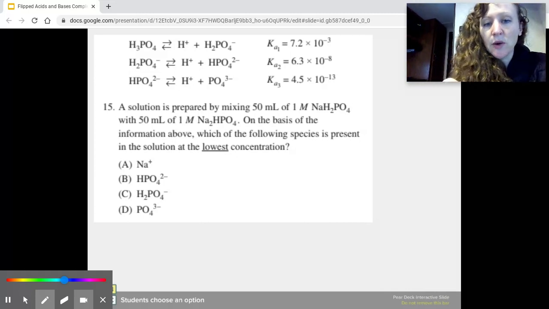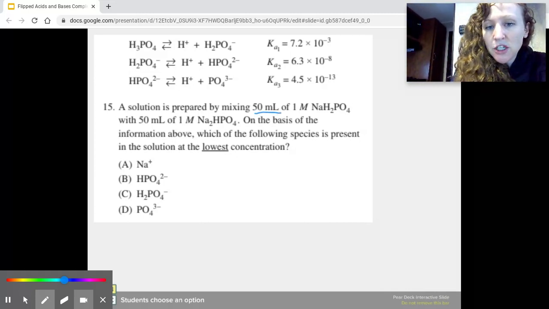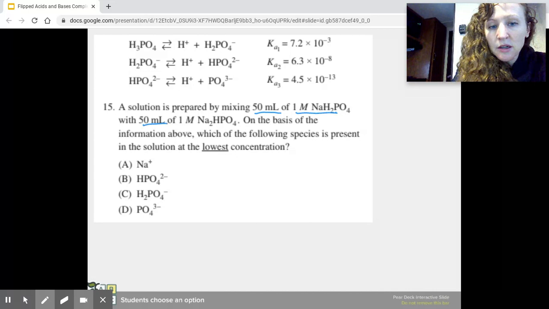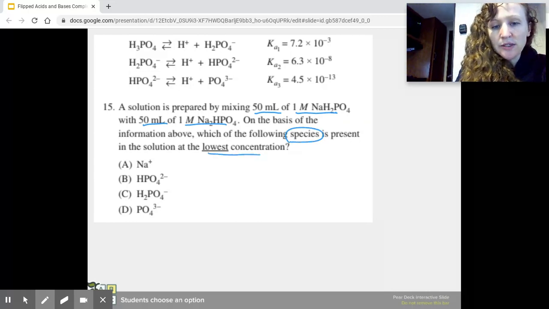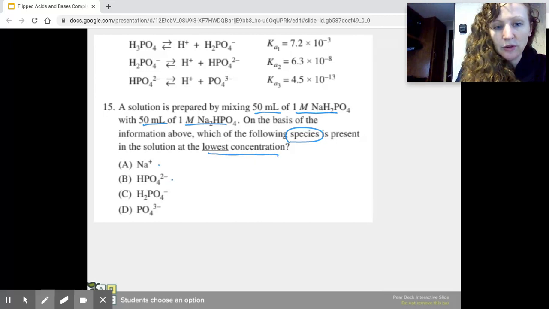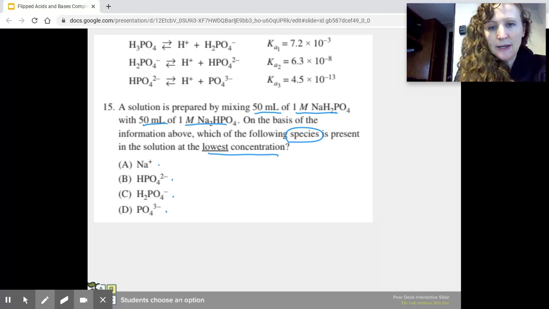All right, so as we read through, we're going to underline information. So we're going to pick a species with the lowest concentration. All right, sodium, HPO4 2 minus, H2PO4 minus, PO4 3 minus.